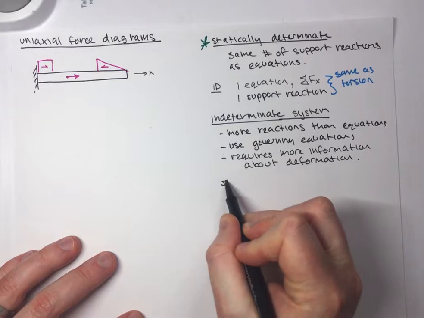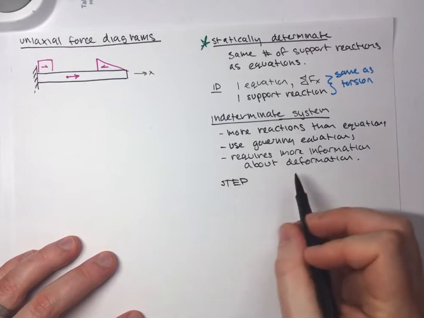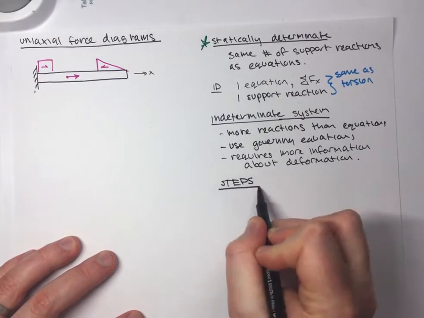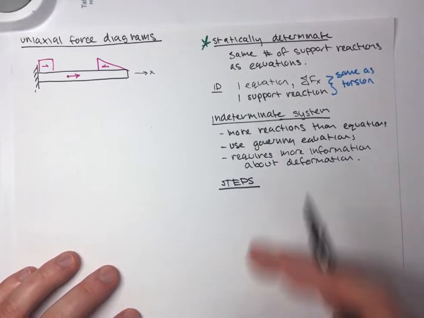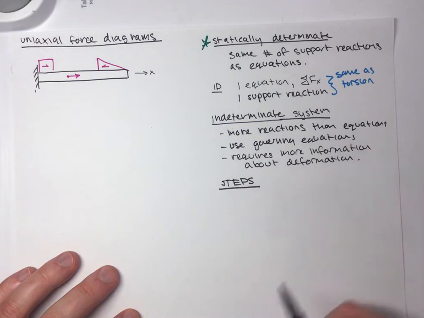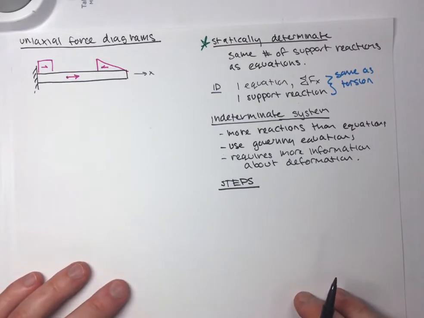And so we're going to talk about the graphical method for this. And I am going to write down a number of steps here. So this is kind of just a sequence of steps to allow you to draw the axial force diagram, and then in the next video we'll talk about how you can use that axial force diagram to figure out the deformation.